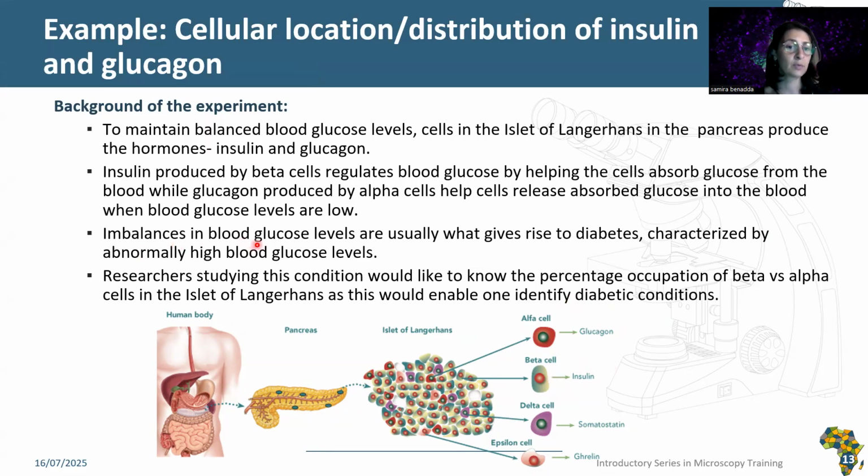So imbalance in blood glucose level is usually what gives rise to diabetes, characterized by abnormally high blood glucose level. So researchers studying this condition would like to know the percentage occupation of beta cells and alpha cells in the islet of Langerhans to identify the diabetic condition.